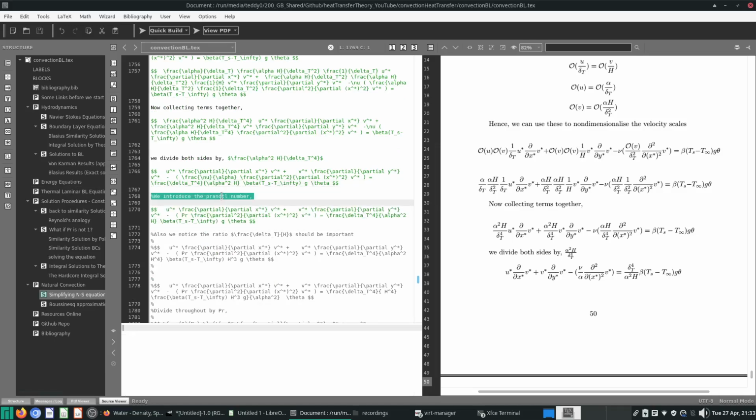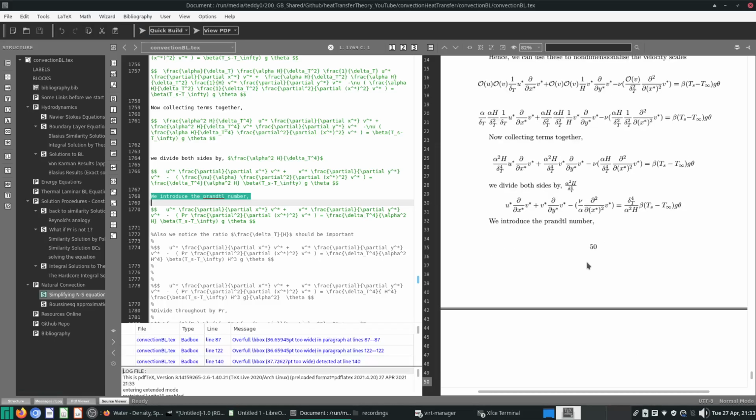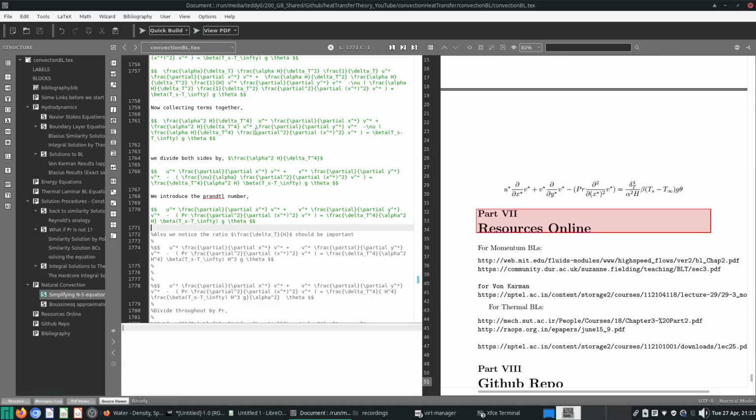This number is none other than our Prandtl number, and we can see that the Prandtl number is very important in determining whether these viscous forces have effect. So we'll just leave it there for the time being. It looks like these terms here are also very important.